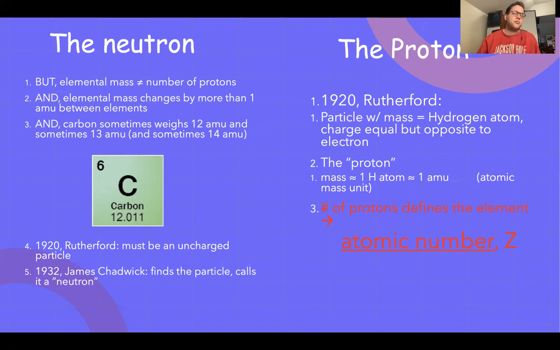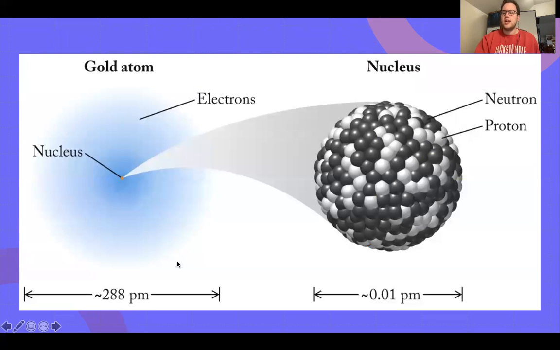That's really when, after 1920, we started to have the periodic table set up the way it is, with protons defining the elemental atomic number. Because each one equals 1 AMU off the 1 hydrogen atom model, we're able to say, wow, 6 is this, 12 is this, according to how many protons it has. That gets into our final slide, which is the modern view of the atom today.